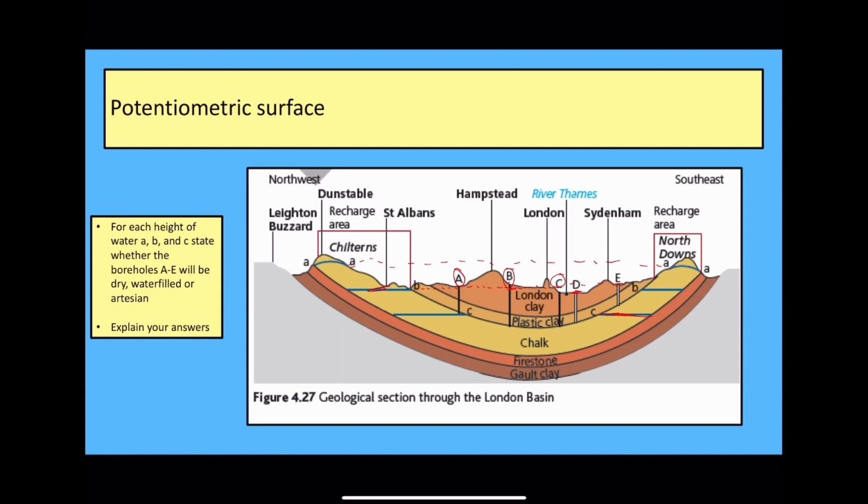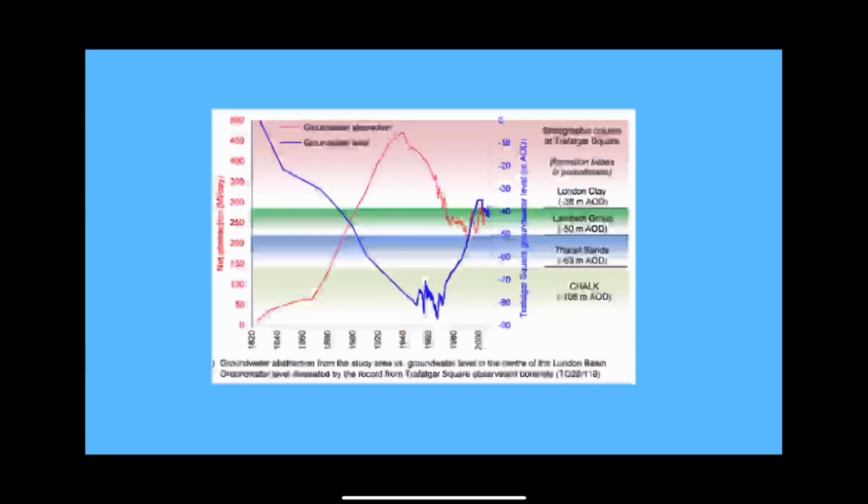So to get an artesian well, an artesian borehole, the potentiometric surface needs to be above the level of the surface where the borehole reaches the surface. Okay, so it's a bit of a challenging concept, and it is covered in the textbook. If you want to have a read about this, page 123 will help a little bit with understanding that concept.